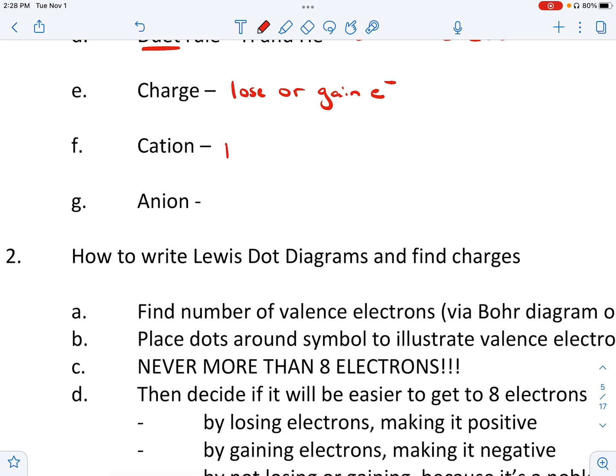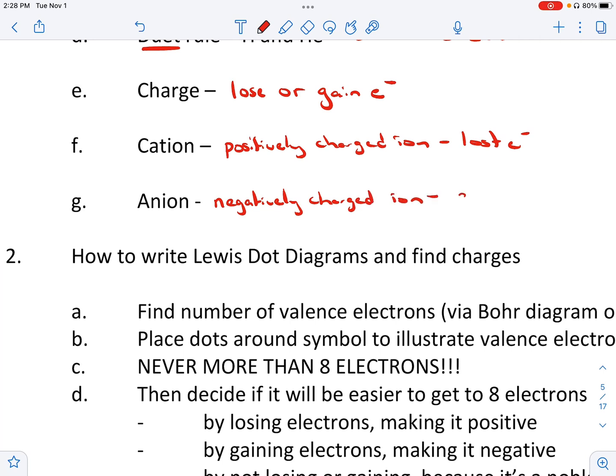Our cation is a positively charged ion. And this is one that has lost electrons, right? If you lost electrons, you become positive. An anion is negatively charged. And this is gaining electrons.